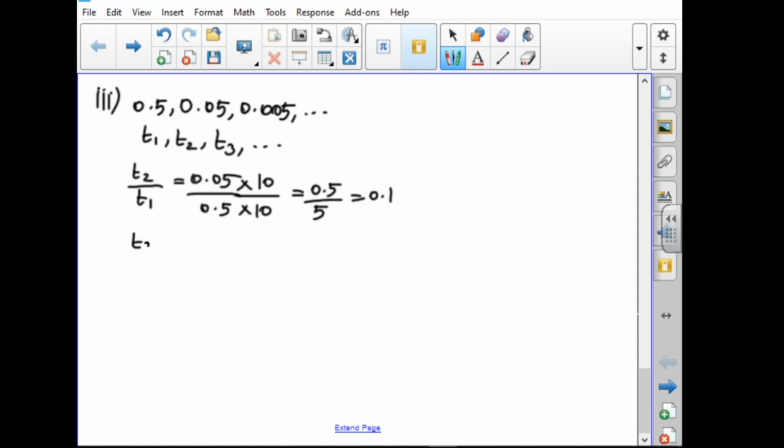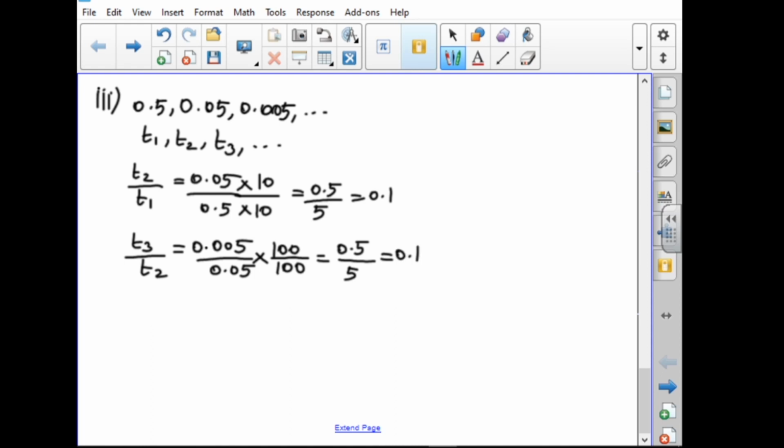T3 by T2 is equal to 0.005 divided by 0.05. In the denominator, the number of decimal places is 2, so multiply and divide by 100. The denominator will become 5. For the numerator, you have to move 2 decimal places, that is 0.5. The answer will be 0.1.